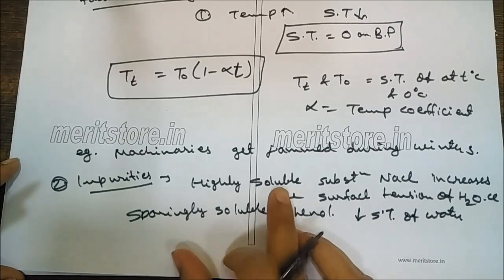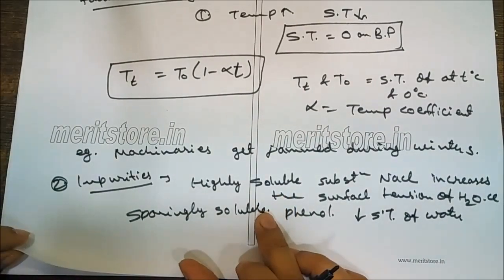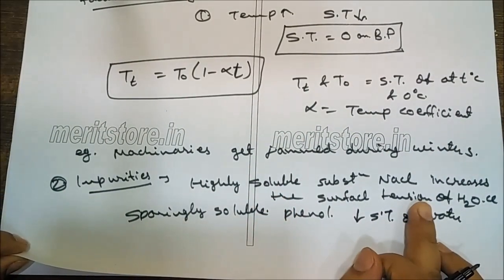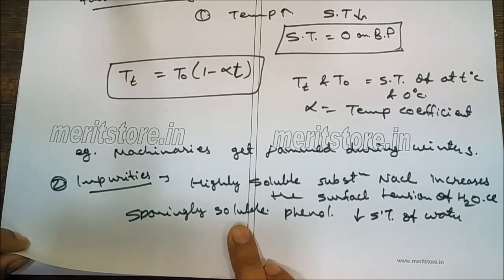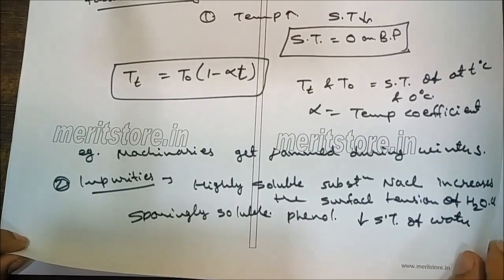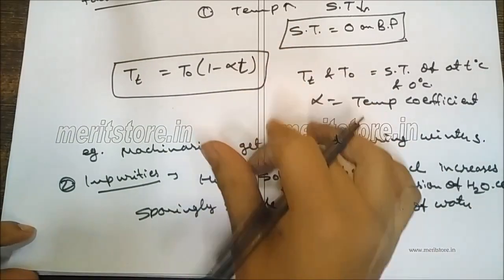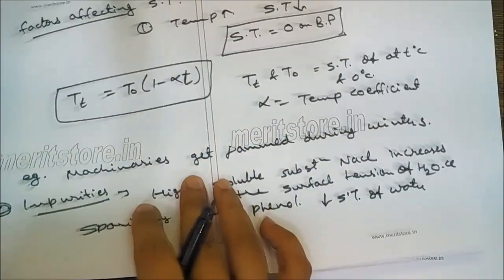So if we add highly soluble substances, it will increase the surface tension of water, and if we put sparingly soluble substances in water, it will decrease the surface tension. So these were the factors affecting surface tension.